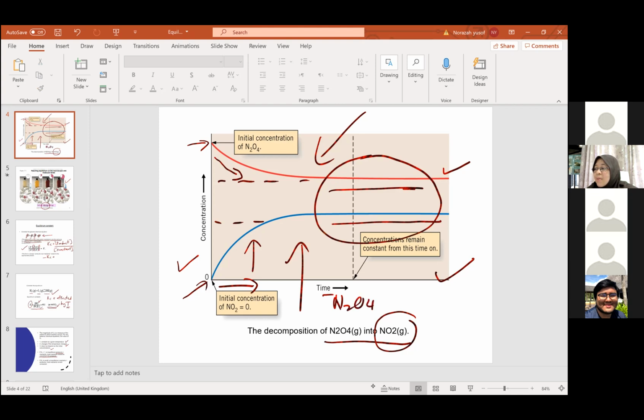N2O4 concentration is greater than NO2 at equilibrium. Of course, initially it is more because the reactant is supposed to be more than the product. It has not been converted yet. So should Kc be greater or less than 1?